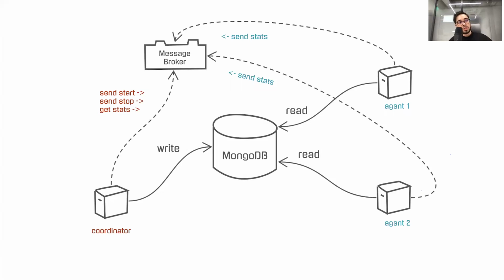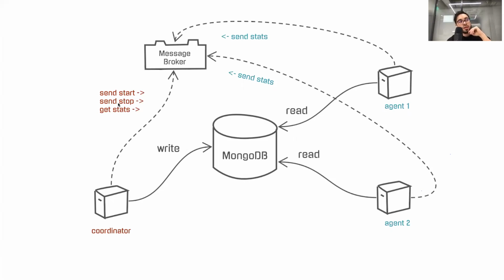We're using a message broker. The message broker is necessary for service discovery, and also for the coordinator to orchestrate. It sends a start command and then all agents start attacking. It also sends stop, they stop, it gets statistics and so on and so forth.